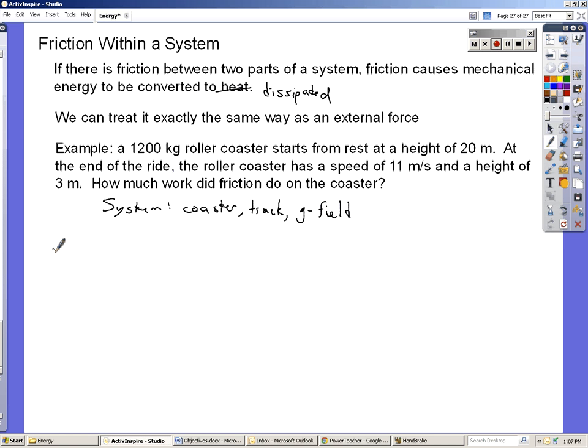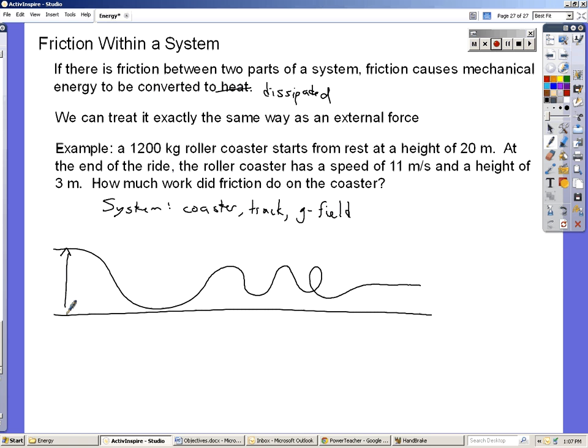And so here's a picture of the roller coaster. There's the ground. It starts off at 20 meters and ends up at, no, wait, 3 meters. I'm not reading my own problems. And at the end, it's moving at 11 meters per second.